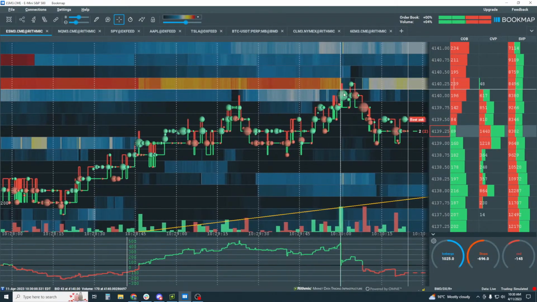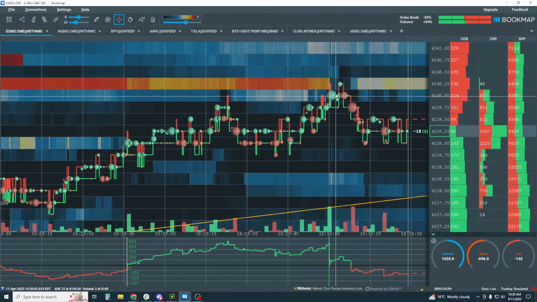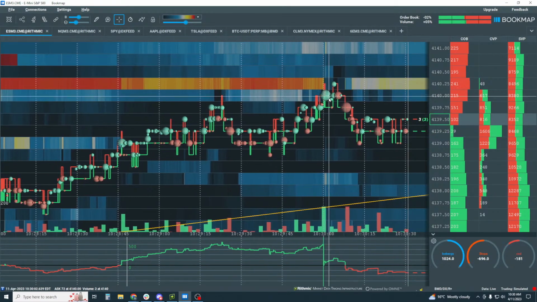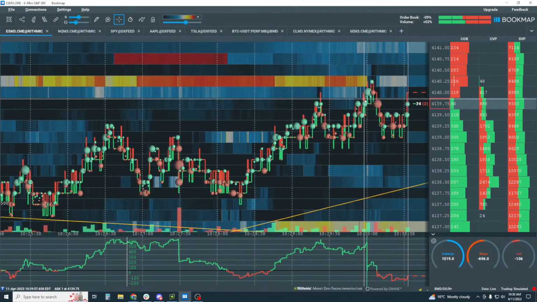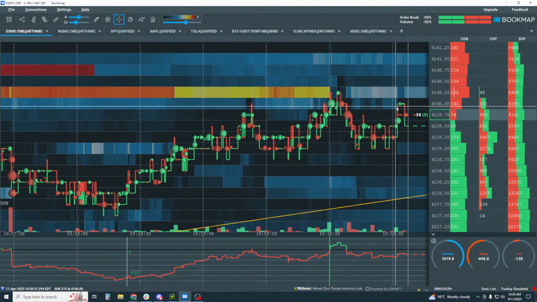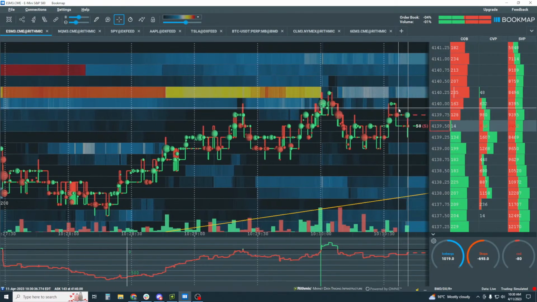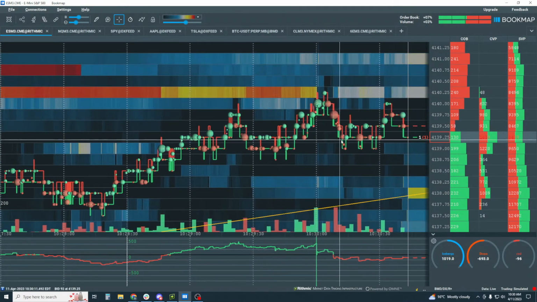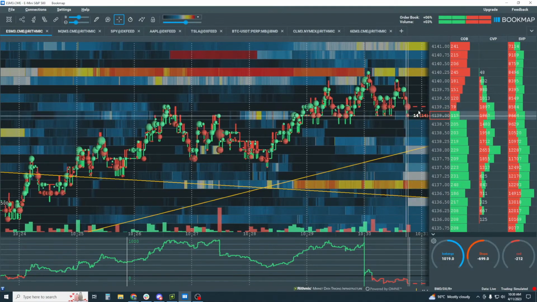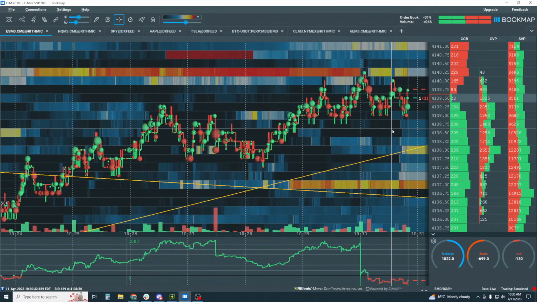So you can consider taking some off up here and trying to get a runner. And if you see even more buying coming in here, hand over fist, you can even consider adding back in as a separate trade, a different order flow event, and you would manage it differently as well.